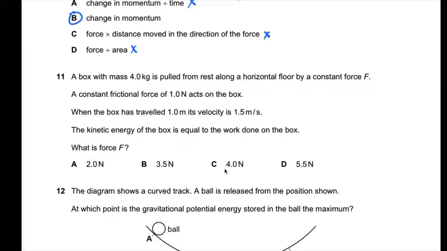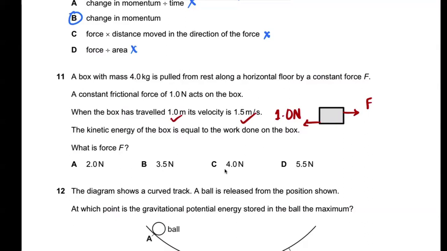All right. A diagram would definitely help here. Let's do that. So this is the object, this is the force F, this is the frictional force 1 Newton. And then when it has traveled 1 meter, the velocity is 1.5 meters per second. So it says kinetic energy of the box is equal to the work done on the box. What is the force F?